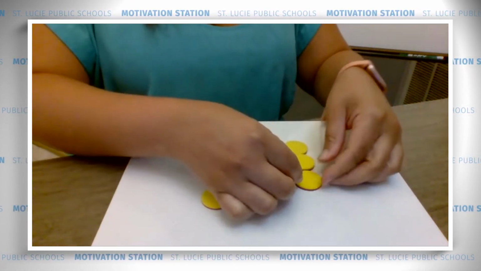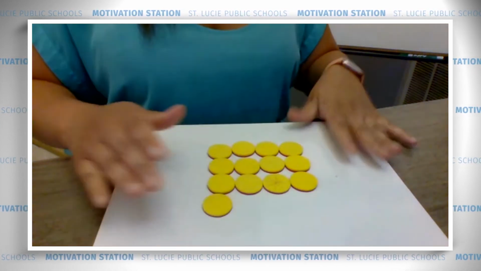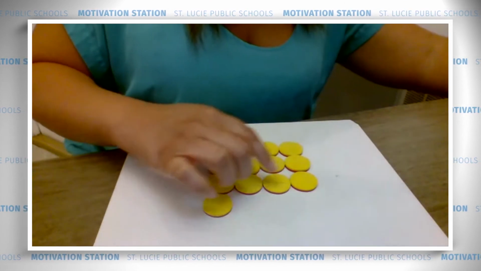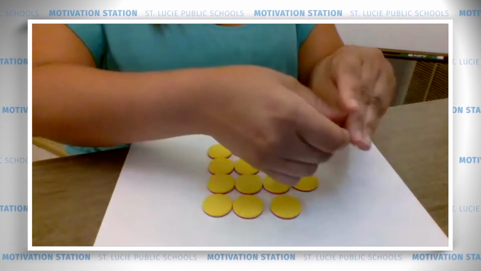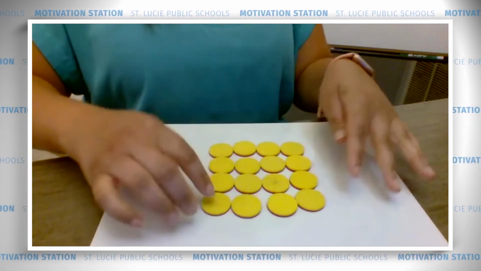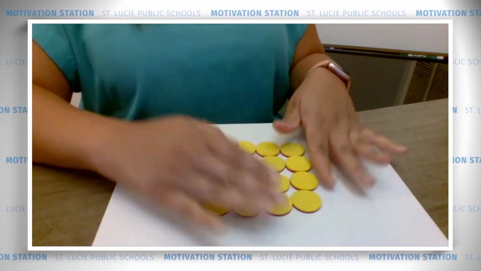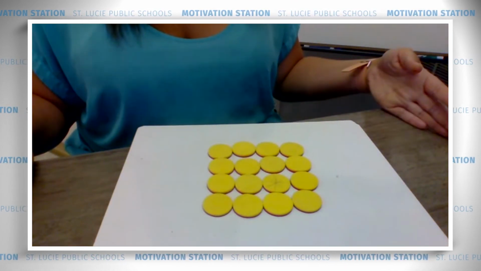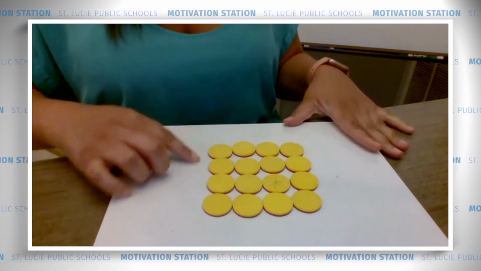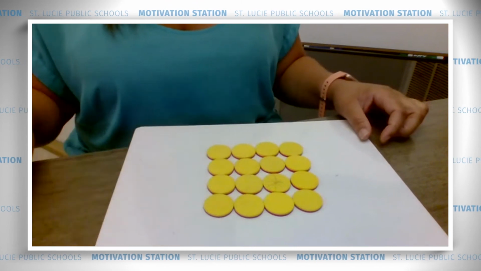Notice how I'm organizing them into an array to help with my counting. 1, 2, 3, 4. 1, 2, 3, 4. So this array represents what our word problem told us about the crayons, that there were 4 rows, and in each row there were 4 crayons.